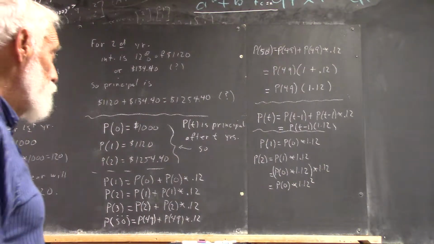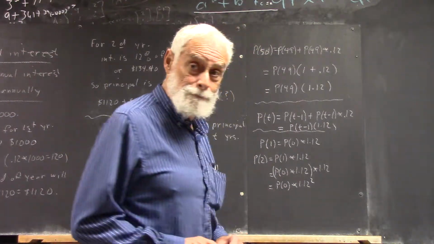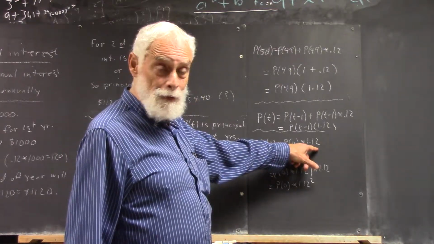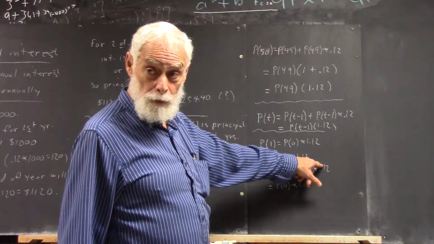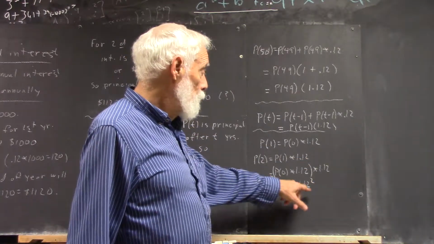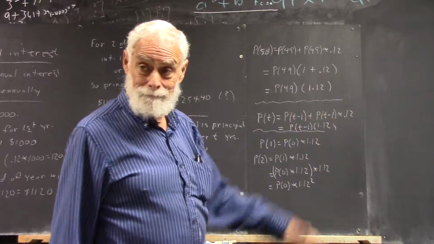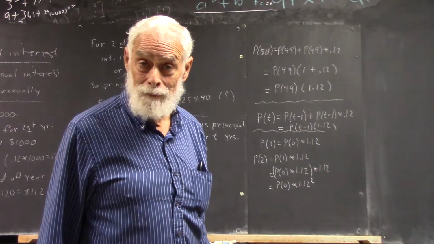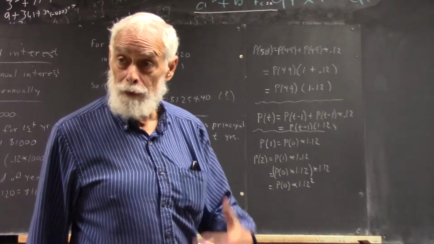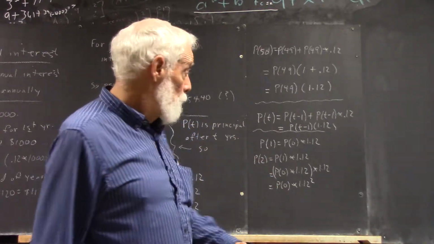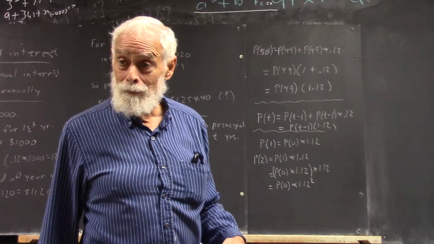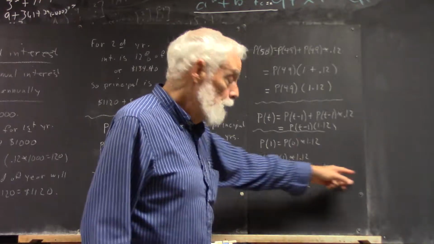Now what's quicker if you've got your calculator in your hand? Multiply 1,000 by 1.12 and then multiply that by 1.12, or just key in 1,000 times 1.12 squared. Quicker, right? When you get down to the 10th year, it's a lot quicker because you can keep doing this. Every time you're going to multiply the principal for the previous year by 1.12, which means you're going to add another 1.12 onto the expression.